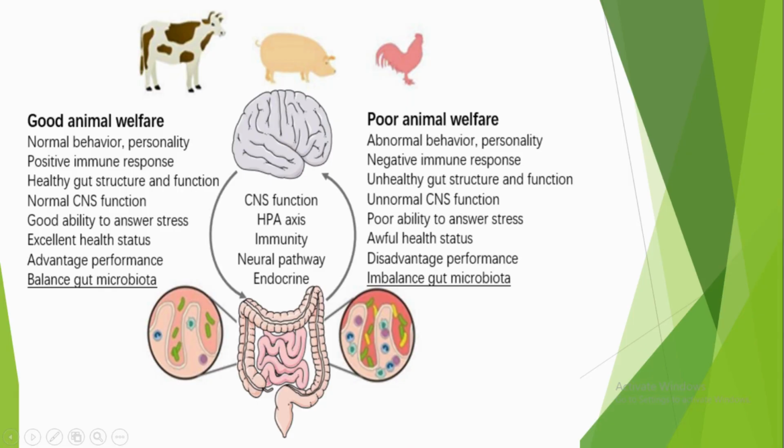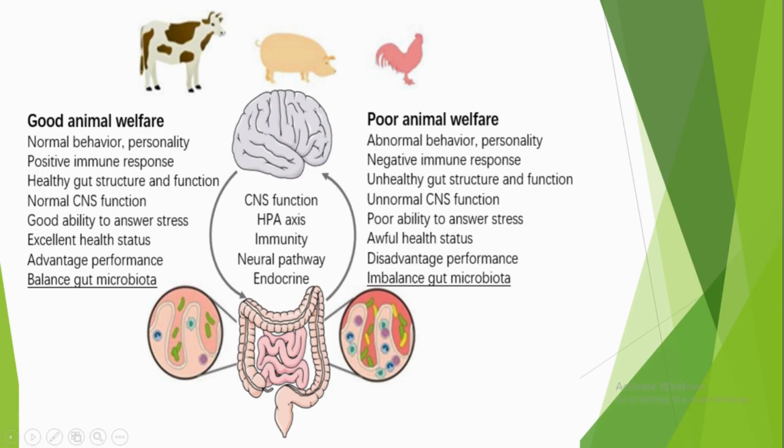Poor animal welfare means abnormal behavior and personality, a negative immune response, unhealthy gut structure and function, abnormal CNS functions, poor ability to cope with stress, awful health status, disadvantaged performance, and imbalanced gut microbiota.